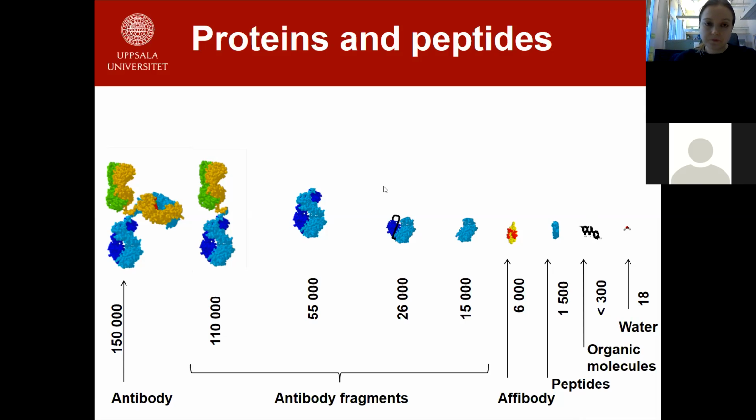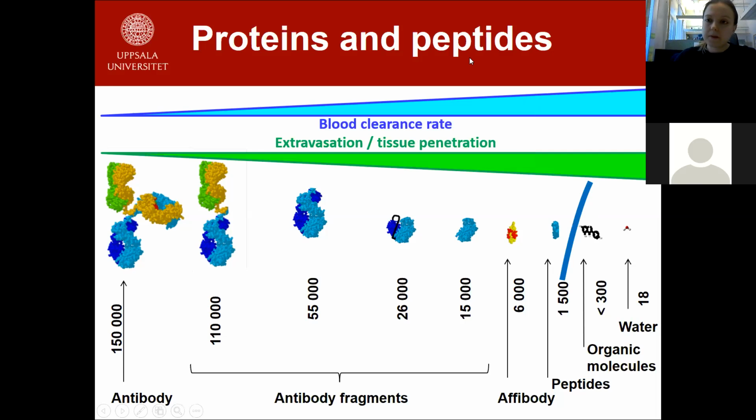So what could be the difference? Well, when it comes to behavior in the body, we have to look at blood clearance rate. Blood clearance rate is basically the rate at which these molecules are cleared from blood, how fast they're cleared.